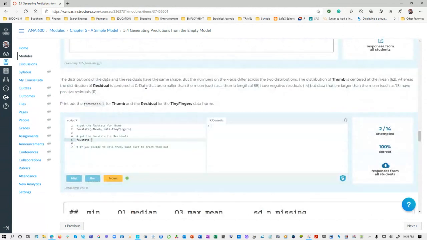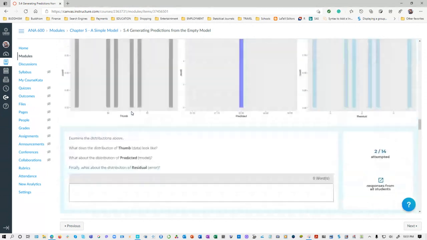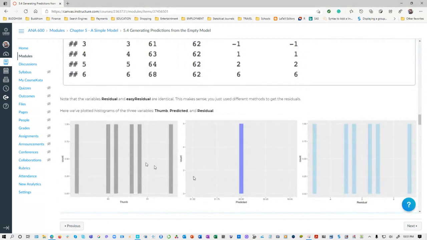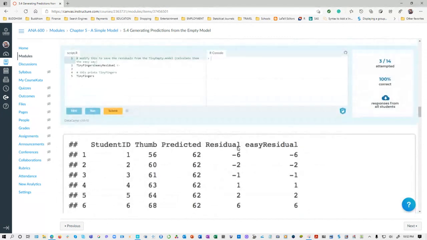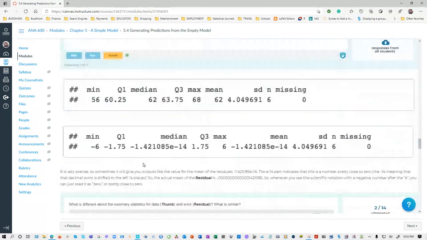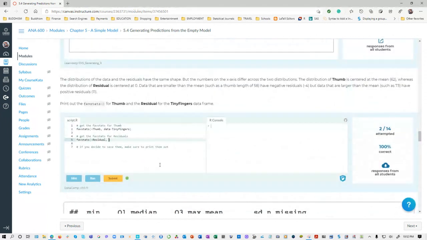The variable, which is after the tilde, we call that one residual. And what's the data? The residuals coming from the empty model within the TinyFingers data.